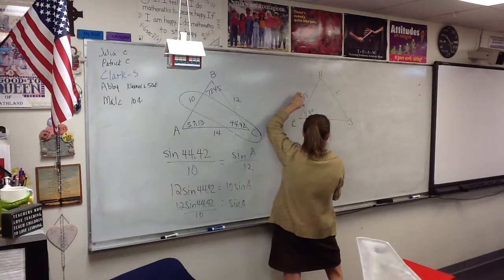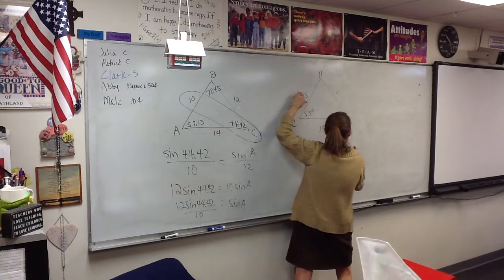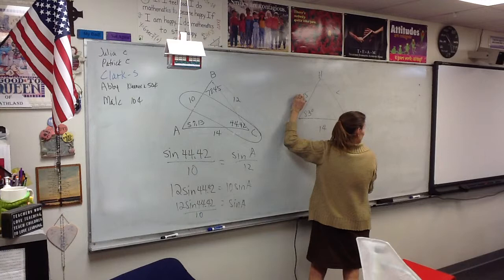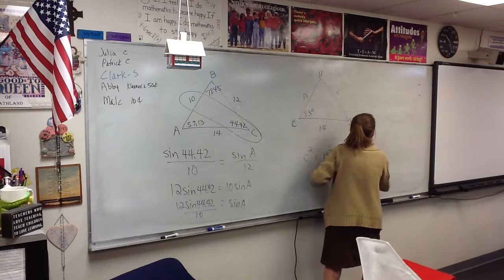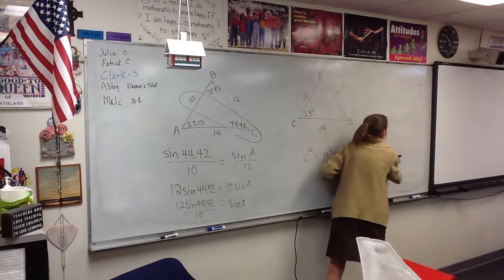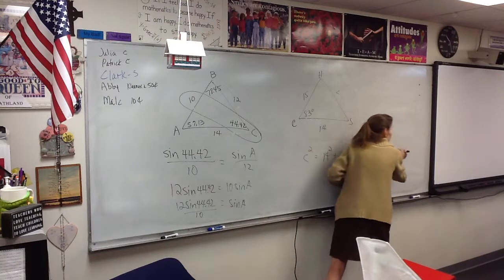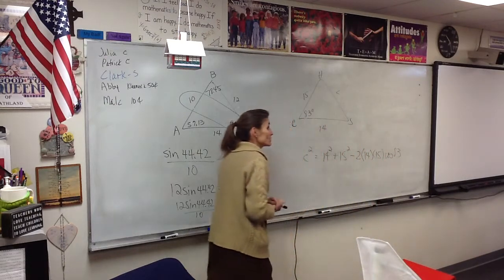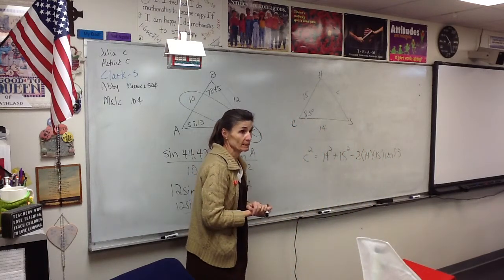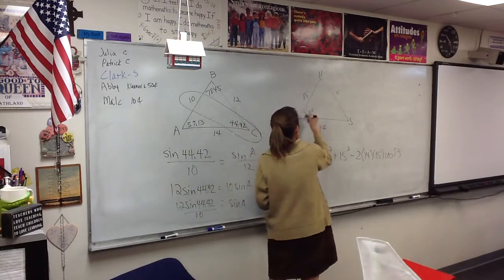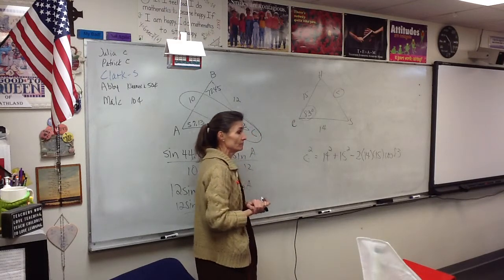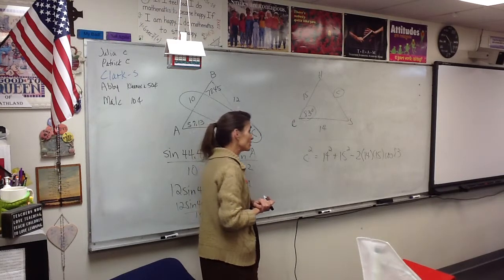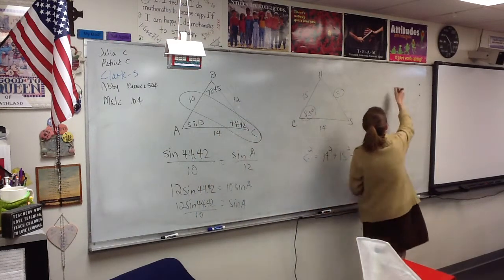So 14 squared plus 15 squared minus 2 times 14 times 15, and then don't forget times cosine 83. That is the law of cosines. She set that up perfectly. She said, this is the angle I'm going to use, so this is the side that's over here by itself. Very good, Kaylin.